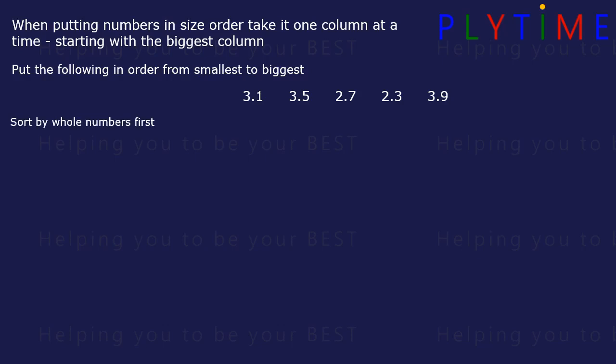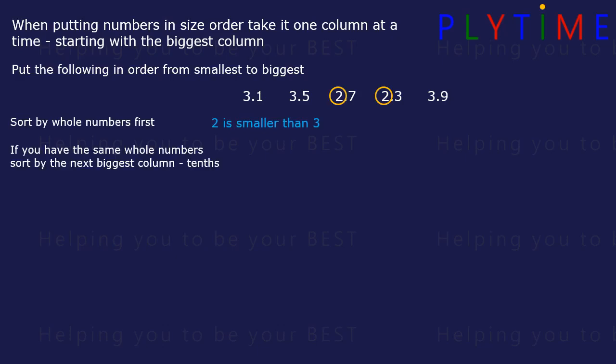Sort by the whole numbers first. 2 is smaller than 3. If you have the same whole numbers, then we sort by the next biggest column, or the tenths. So we now need to compare 0.7 with 0.3. 0.3 is less than 0.7.